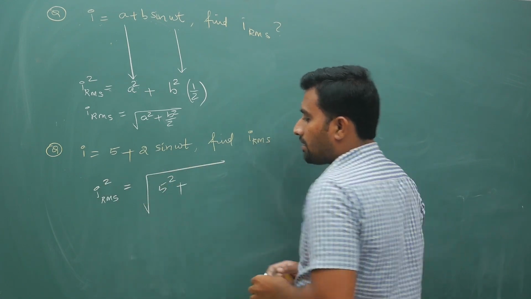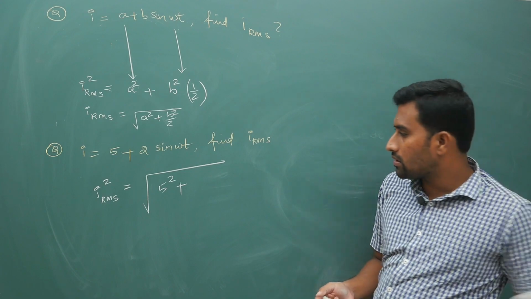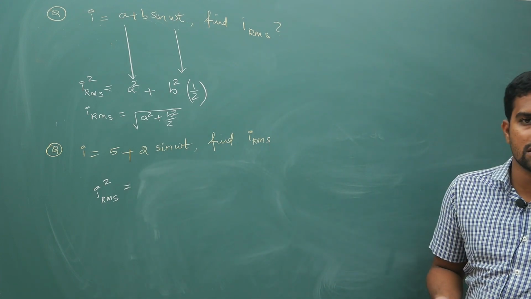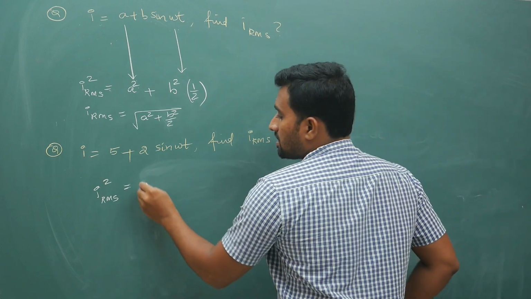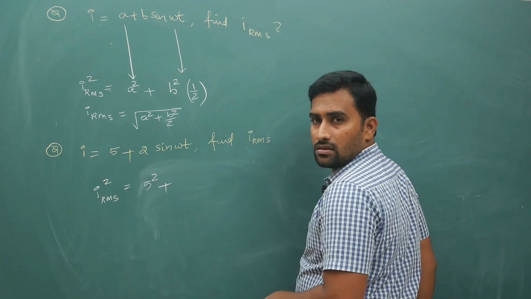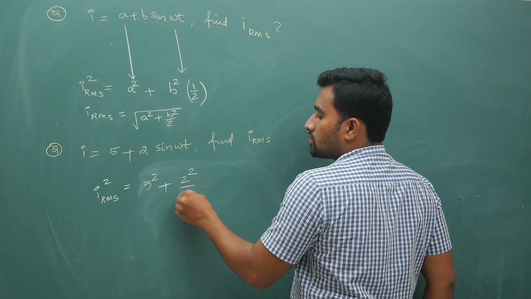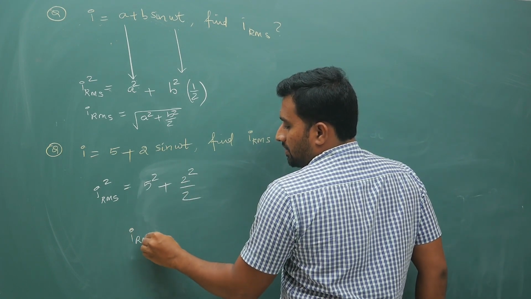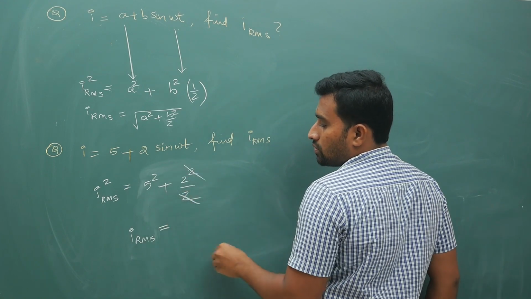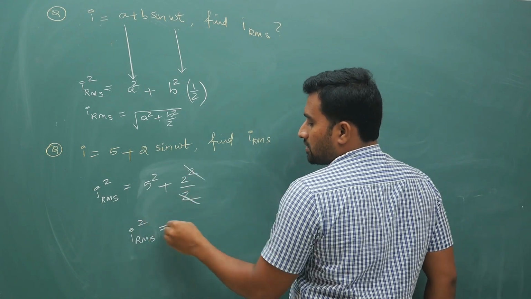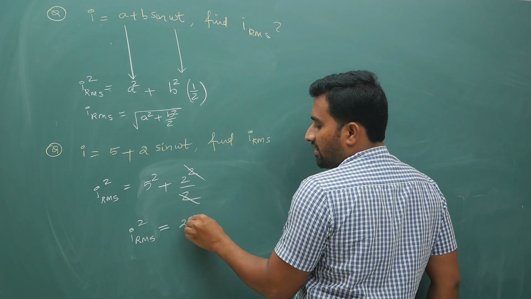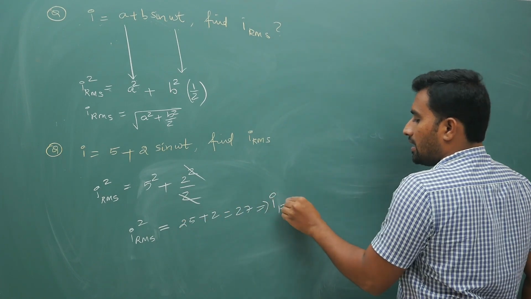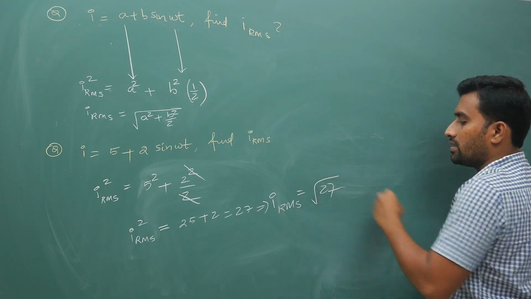I RMS square means you should not keep root. The first term is constant, so it is just simply 5 square, plus, for 2 sin omega t, it is 2 square by 2. So I RMS square is 5 square plus 2, 25 plus 2, that is equal to 27. That implies your I RMS is under root 27.